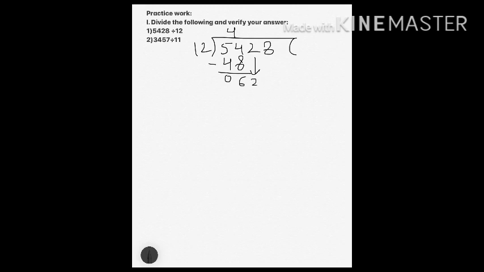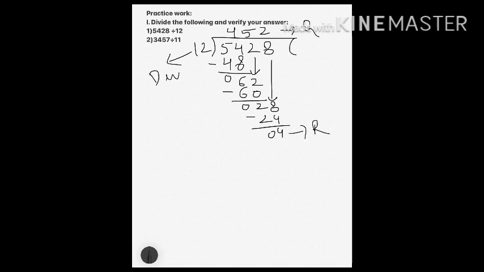I'll bring down 2, and then 5 times, it will go 60, and I will get the remainder 2. I will bring down 8, and it will be 28 now. Now again 2 times, it will be 24, and here 4 is the remainder. So you know, this is the quotient, this is the remainder, and this is the divisor.